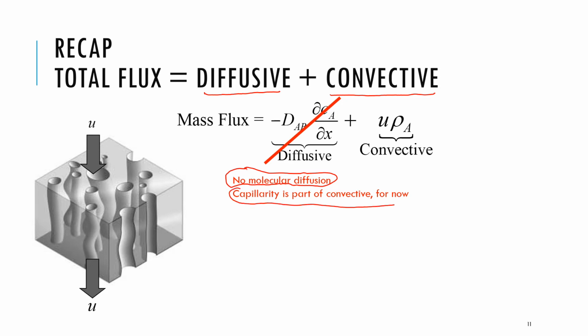Capillarity is part of flow, so that is included in this U. And so we're going to get the velocity of water using Darcy's law, where this capillary pressure would be included.